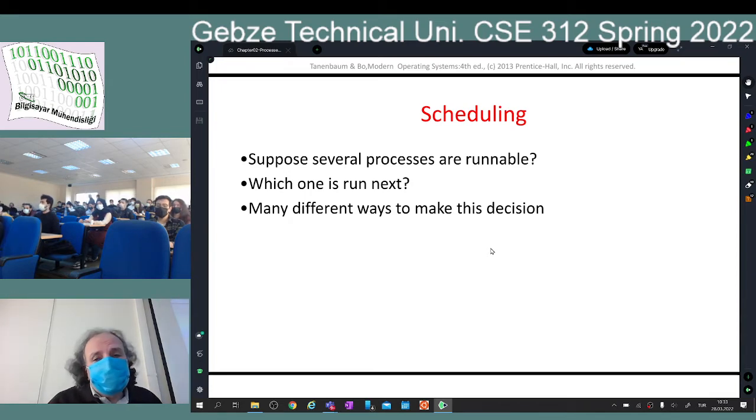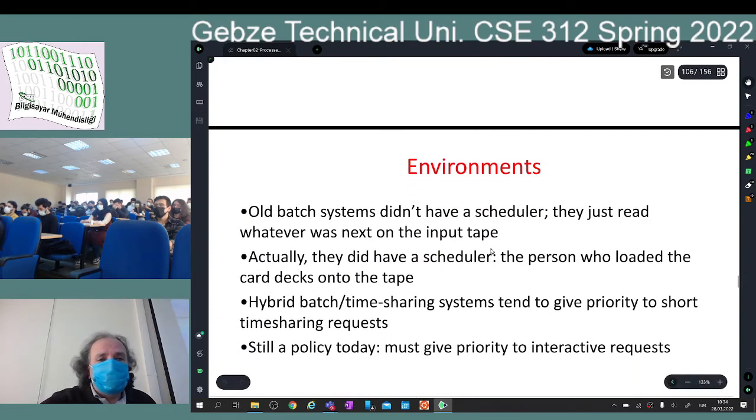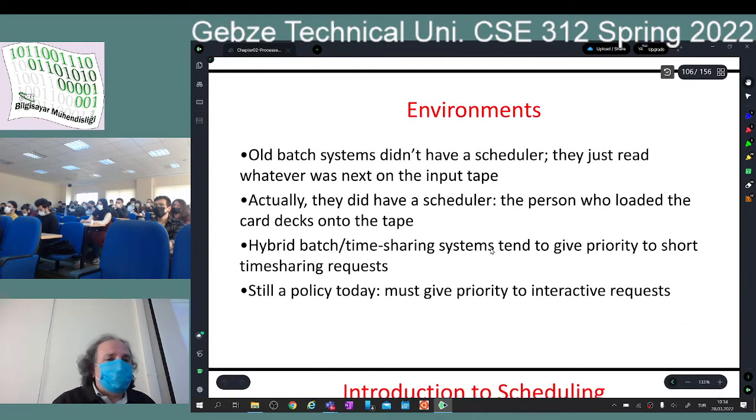Okay, so scheduling is something that needs to be done. It is part of the core of the operating system, the kernel, and it is a decision of which process among all the ready processes should run next, which process should use the CPU next. That's what scheduling is. And we talked about how it depends on your environment, whether it's a batch, interactive, or real-time environment.